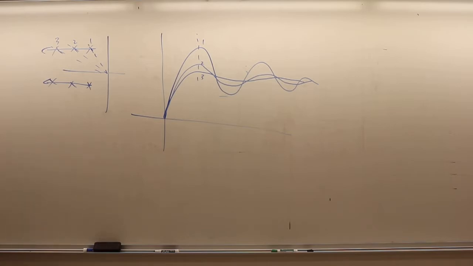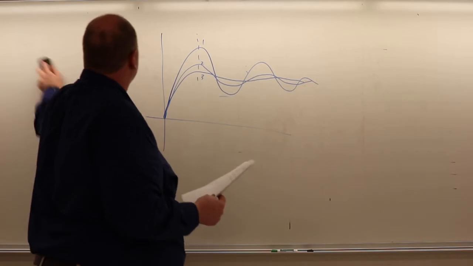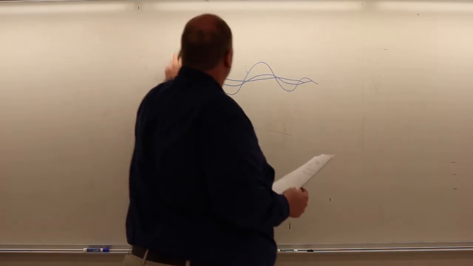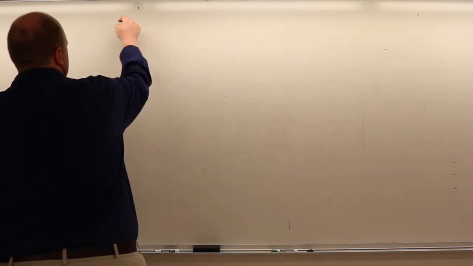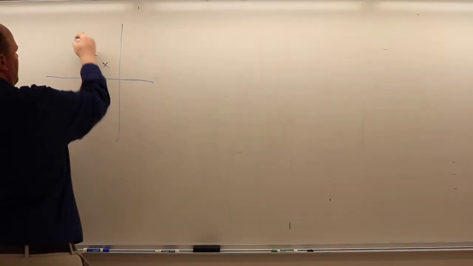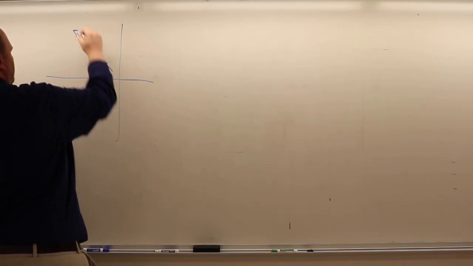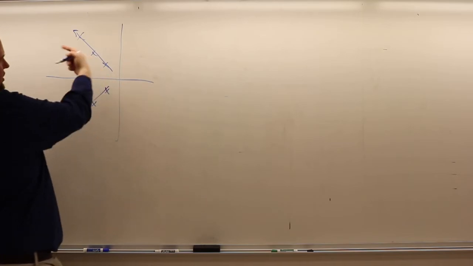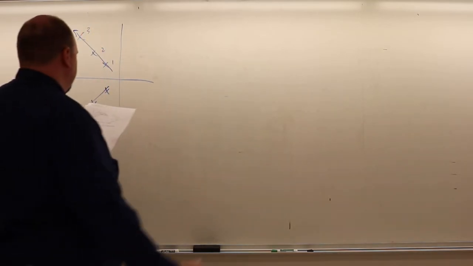And lastly, let's look at the case of constant percent overshoot. So a system with constant percent overshoot, the poles are going to look like this. So as we travel along these lines of constant percent overshoot, what happens to our system?